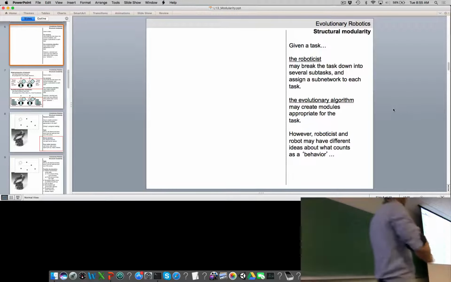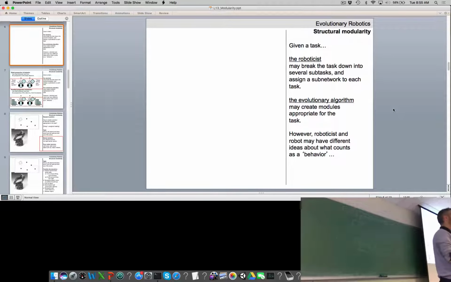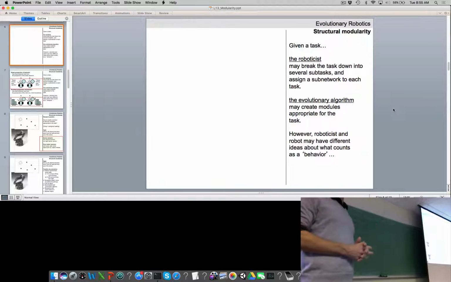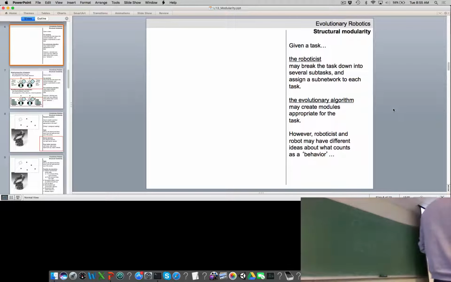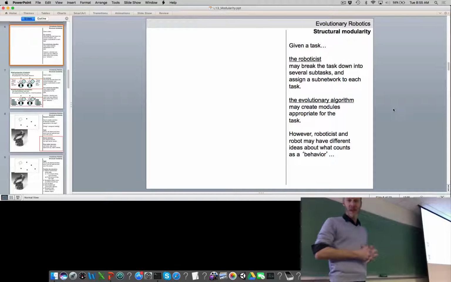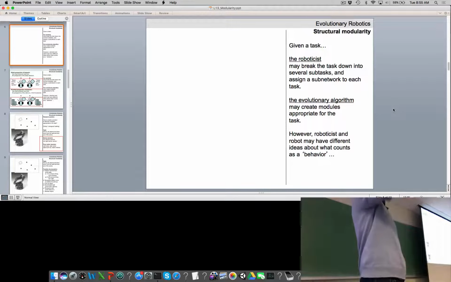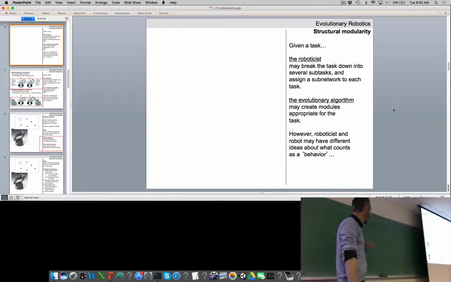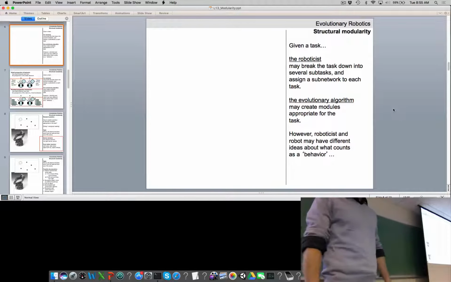Okay, so you can probably guess where we're going with this. For a given task that we'd like our robot to do, how do we know what the modules should be? It's very non-intuitive to figure out how to break a task down into modules. So we could try. We could have the roboticist break the task down into several subtasks and assign different subnetworks, different structural modules to each of the subtasks. That would be one way to do it.